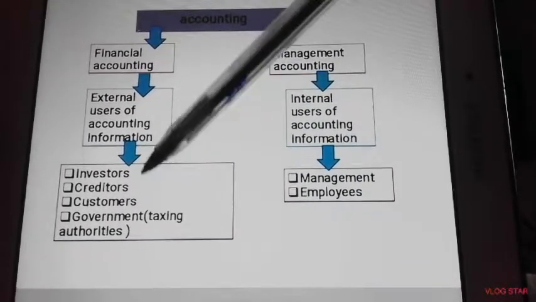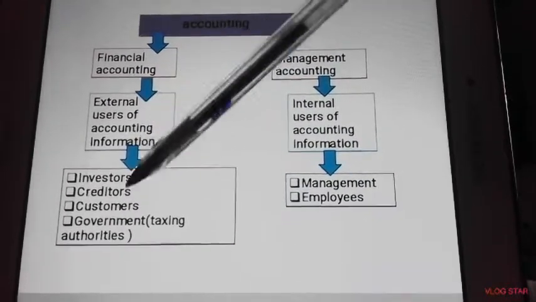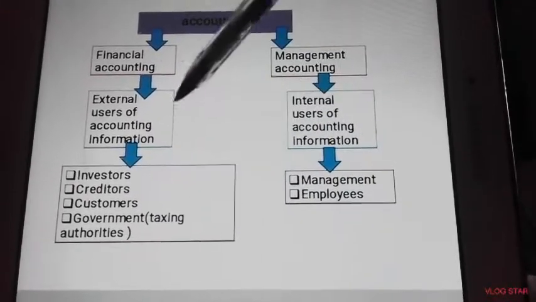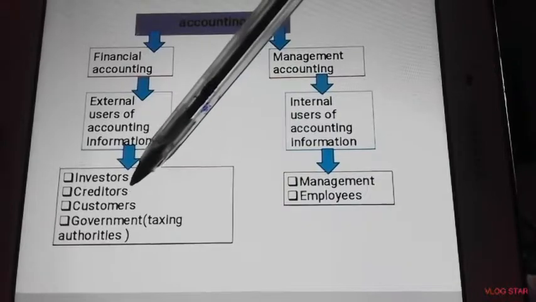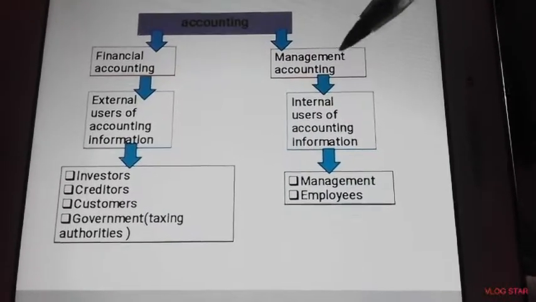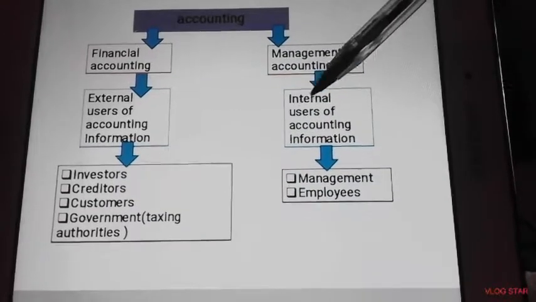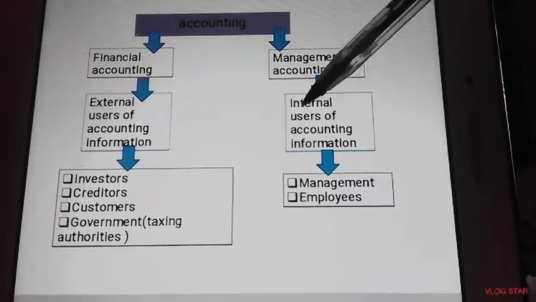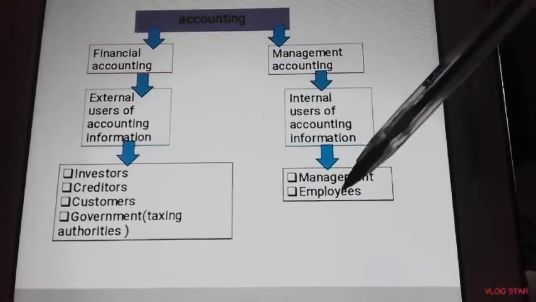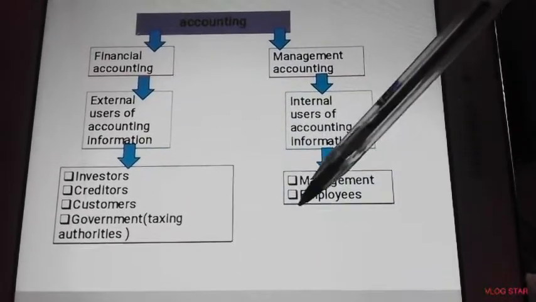The external users are the outside users of financial information: investors, creditors, customers, and the government or taxing authorities. And under management accounting, we have internal users of accounting information, which are management and employees.